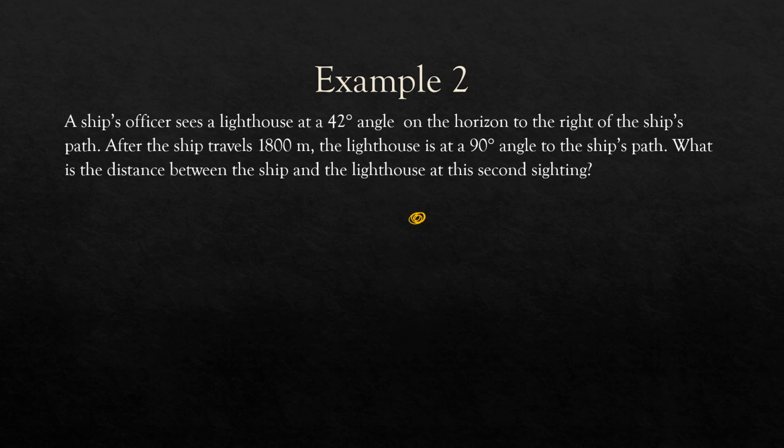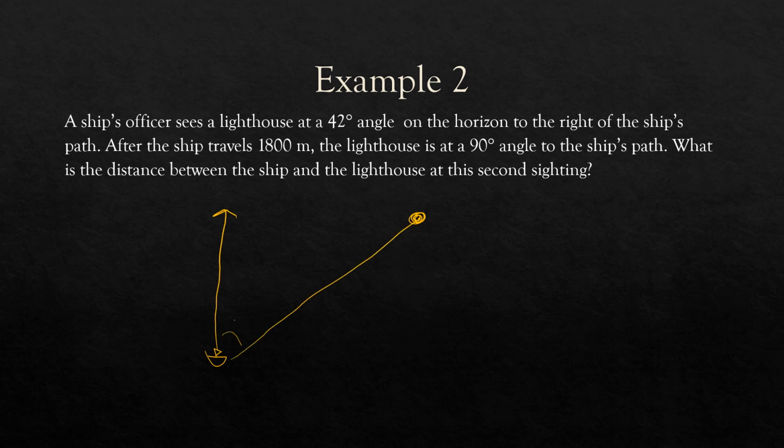Here's our lighthouse, and here is our ship. And our ship is traveling this direction. So this is the ship's path. And now we have the first sighting when the ship is down here at a 42-degree angle.